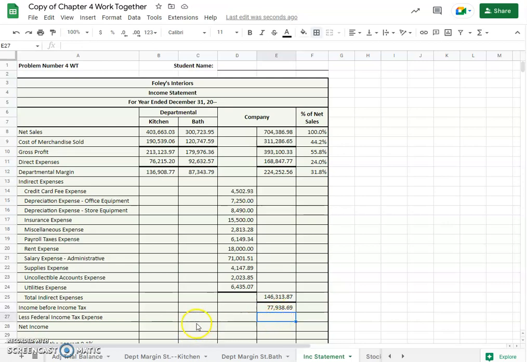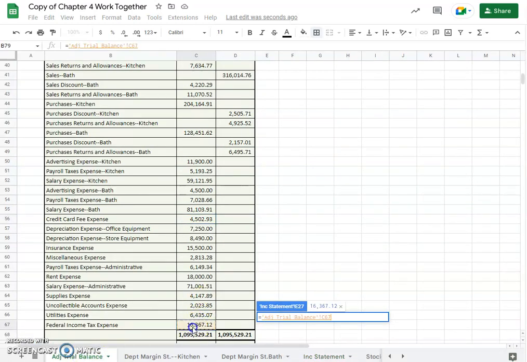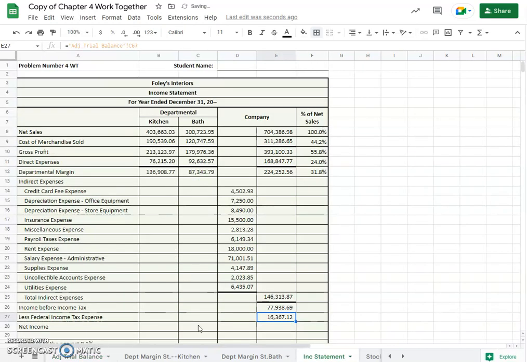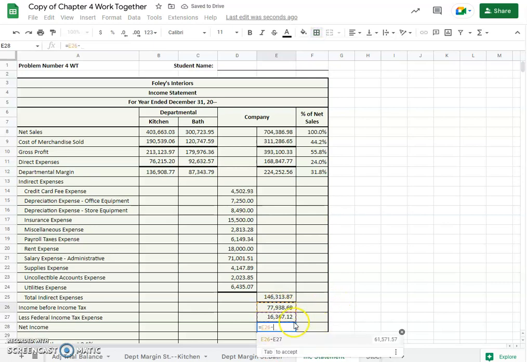And then our federal income tax expense. And that number is $16,367.12. We'll subtract that away. So again, we'll do the bottom border to find out our total net income. So $61,571.57 net income.